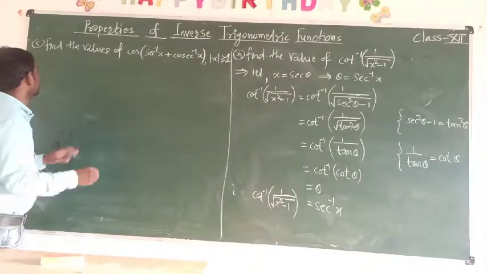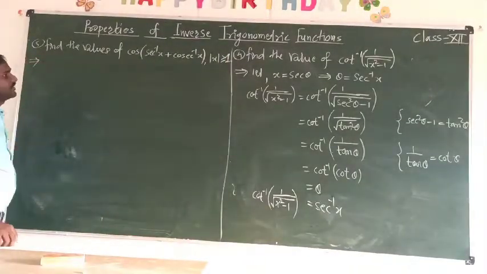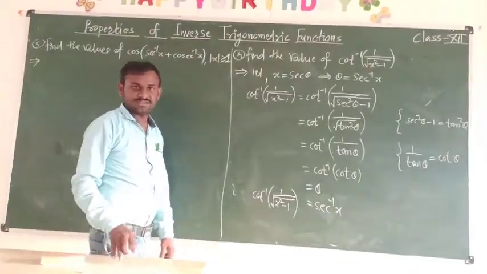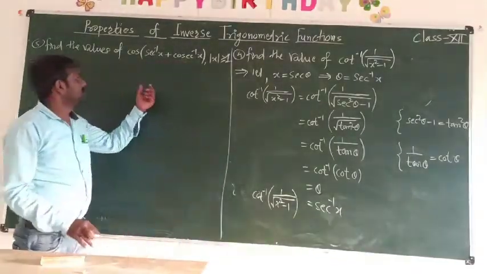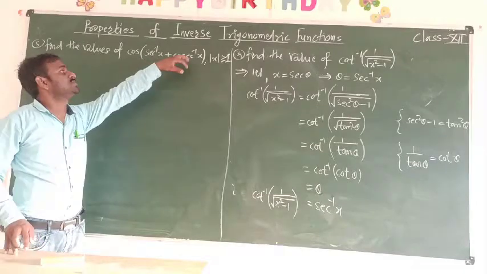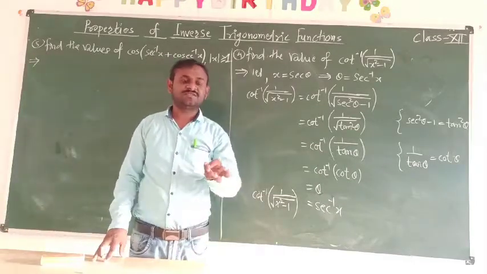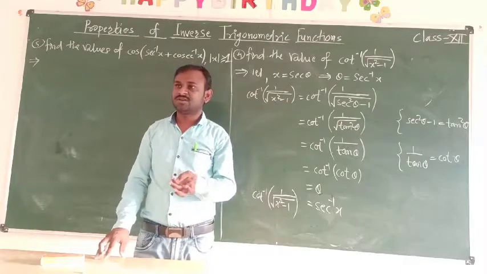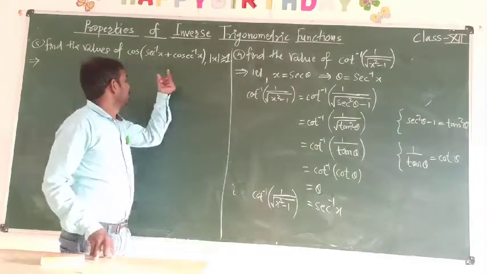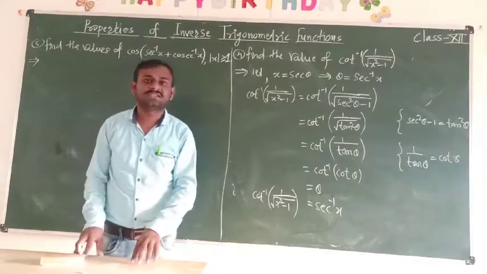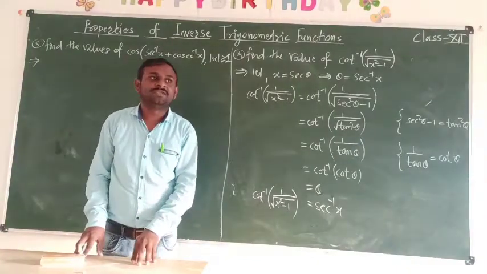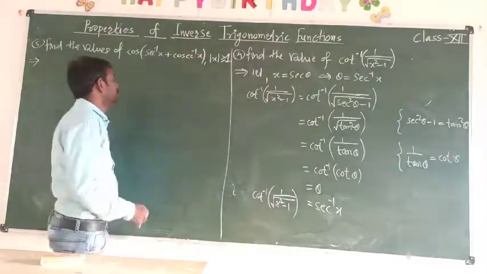Again, it is a very simple example. We know the 5 properties in which sec inverse x plus cosec inverse x is one of the most important. That means sin inverse x plus cos inverse x, tan inverse x plus cot inverse x, and sec inverse x plus cosec inverse x, these 3 properties are equal to pi by 2.